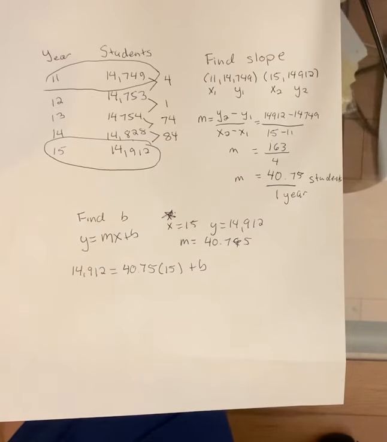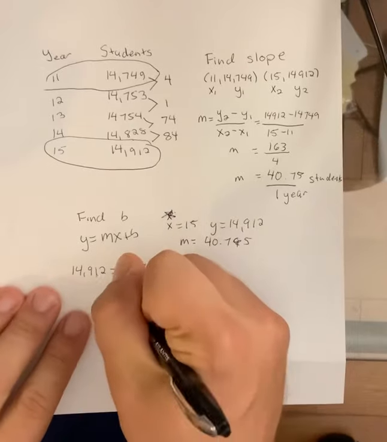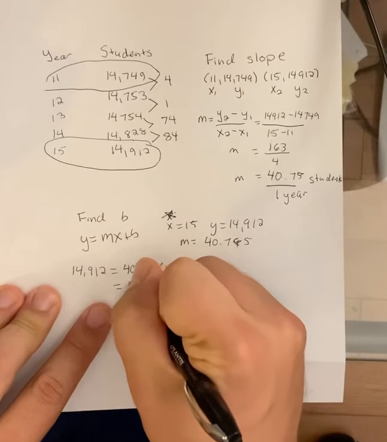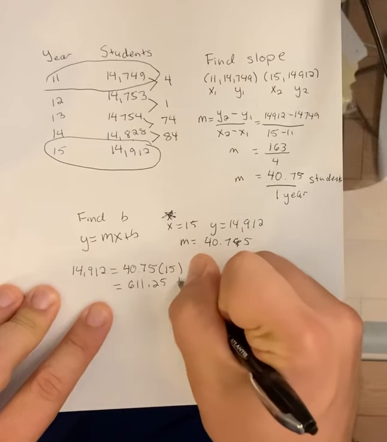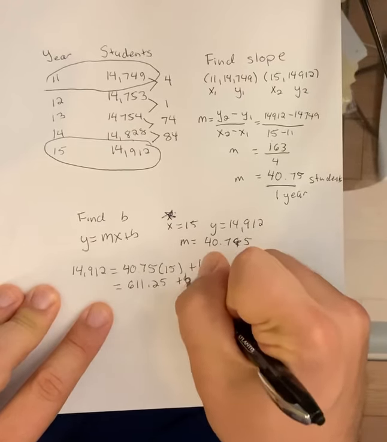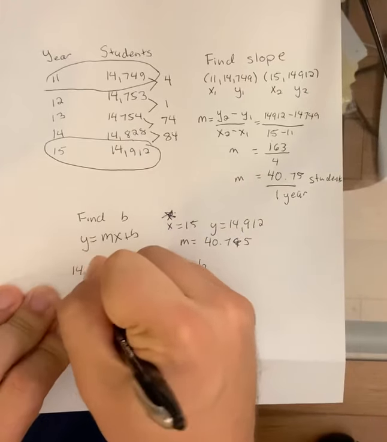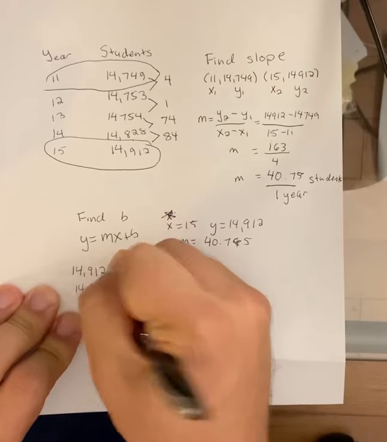So now I use my calculator to multiply 40.75 times 15. And I get 611.25 plus b is equal to 14,912.